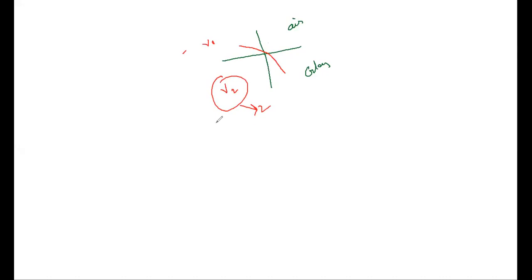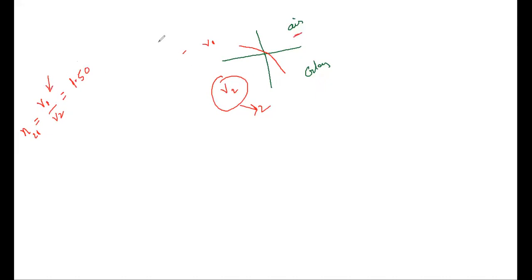Neither the V1 value nor the V2 value is given. So the formula here is the refractive index, that is N21, the refractive index of medium 2 with respect to medium 1, equal to V1 by V2, which is already given as 1.50.